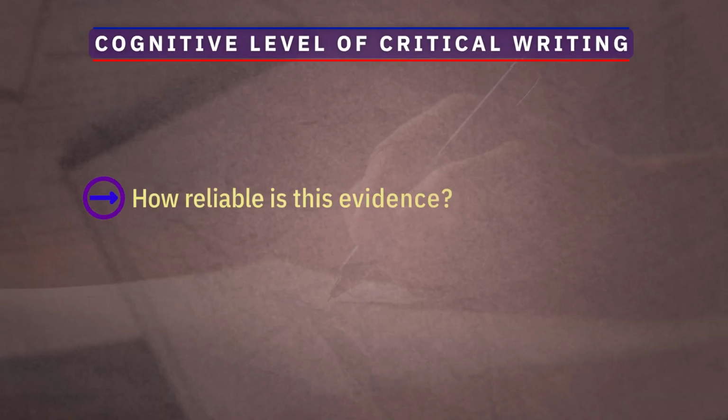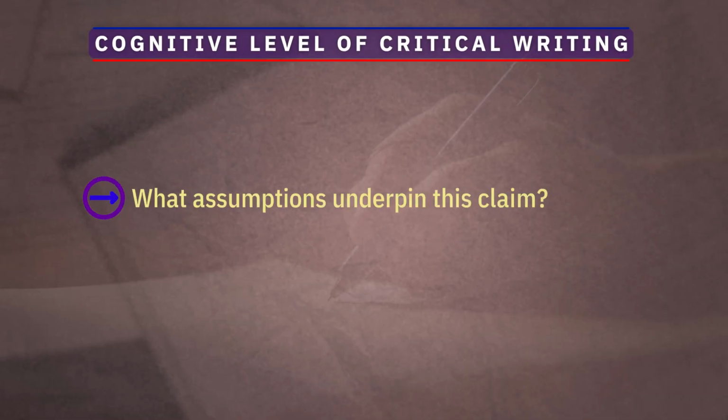Questions such as how reliable is the evidence? When we are writing an answer or when we are writing an academic article, there is a lot of evidence, a lot of scholarly material that we are referring to. But critical writing enables us, it is a process through which we can ascertain the reliability of that information. There are various assumptions to claims that are made.